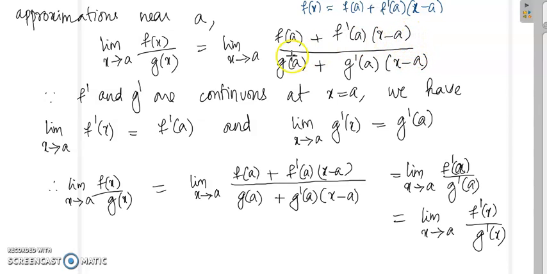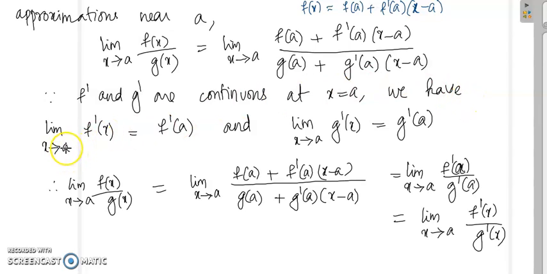Now when we take the limit, as x approaches to a, f of a will be 0, g of a will be 0, so these two terms will go, and now f dash and g dash, since they are continuous at a by the condition for continuity.